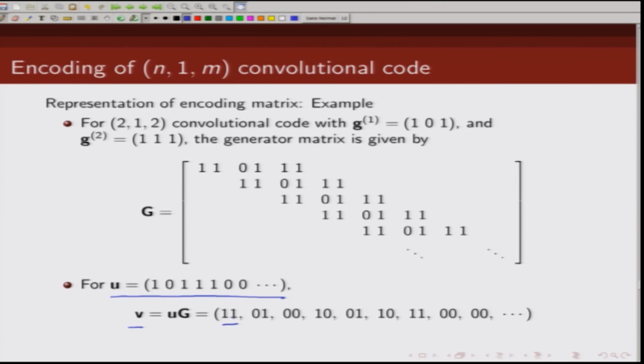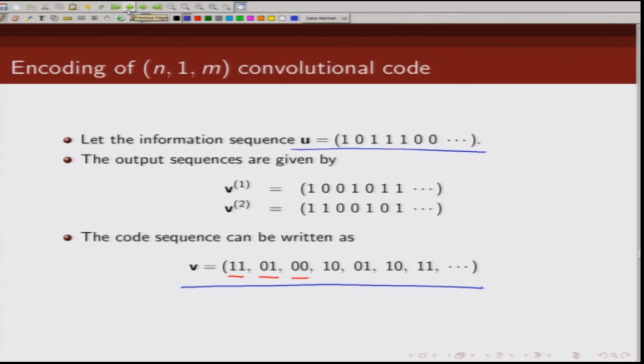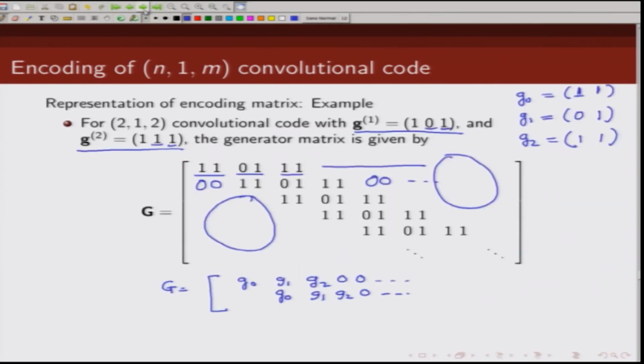So 1 times this plus 0 times 1 1, that will be 0 1. Next 1 0 1. So 1 times 1 1, 0 times this, 1 times this. So that is 0 0. So we can see basically we are getting the same output sequence. We can just verify 1 1 0 1 0 0, 1 1 0 1 0 0. So we are getting the same output sequence as before.